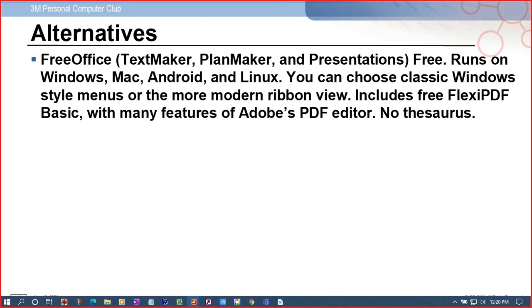So if you're looking to modify PDFs and do things like that, this package has additional capabilities that the other options don't have. But one of the drawbacks I saw in the reviews, I haven't personally used it, is there's no thesaurus.